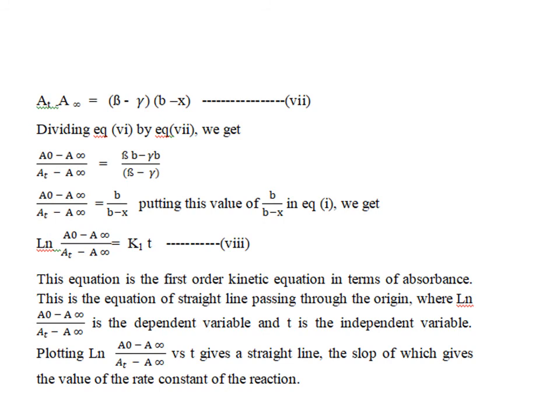We can write it as b into (beta minus gamma), and beta minus gamma over beta minus gamma will cancel out. Then the above equation becomes A_0 minus A_infinity, that is absorbance at 0 time minus absorbance at infinity, over absorbance at time t minus absorbance at infinity, equal to b over (b minus x).